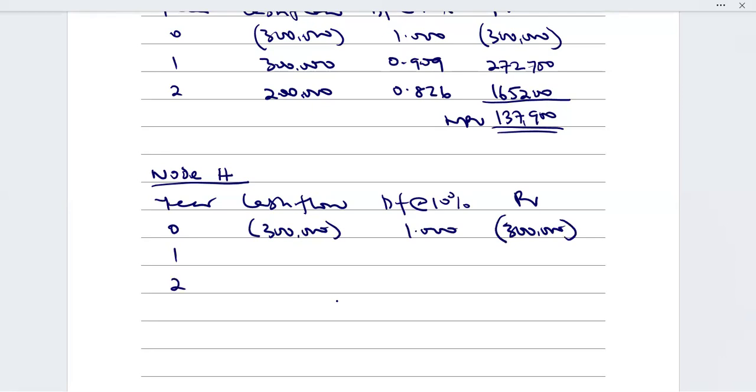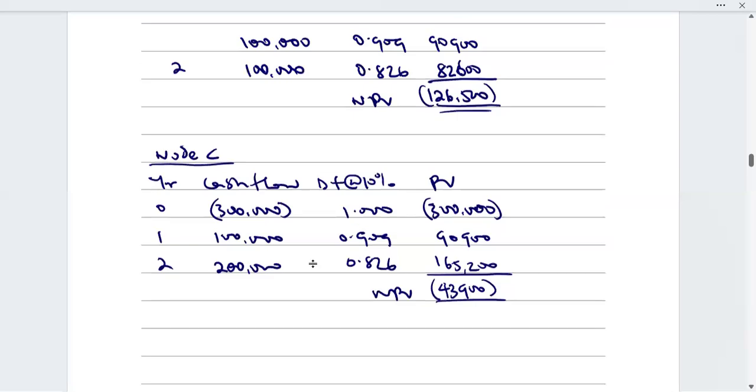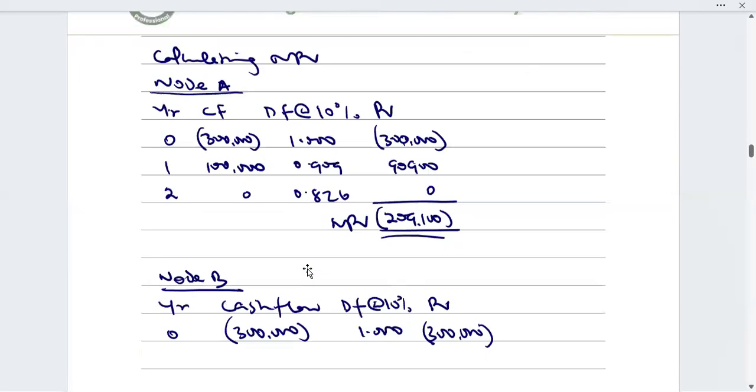Year 1, year 2. So node H: year 1 is 300,000. Year 2 is 300,000.